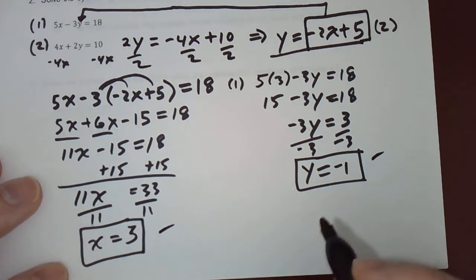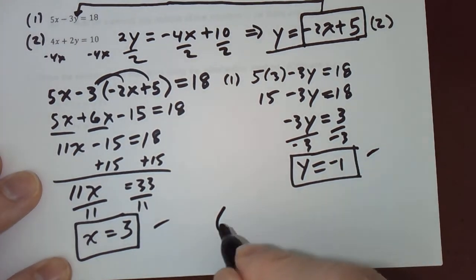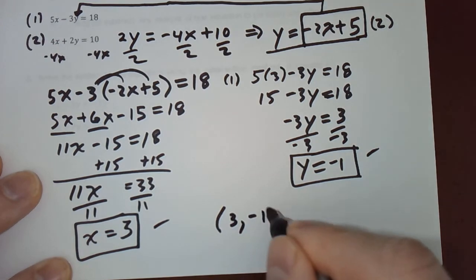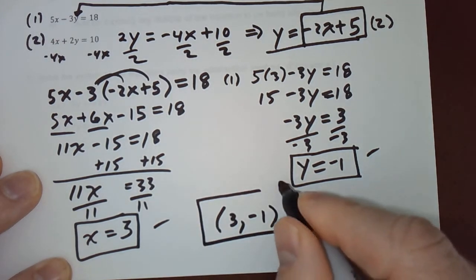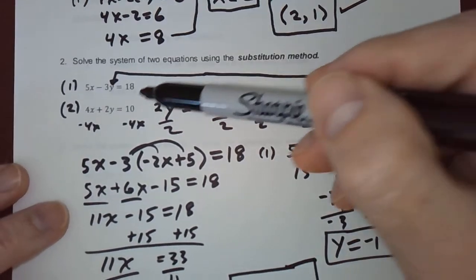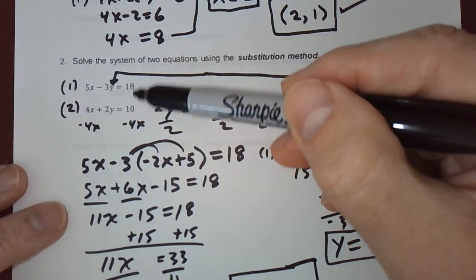Correct. So written as an ordered pair, our answer would be (x, y), or (3, -1). That's the substitution method for solving a system of two linear equations.